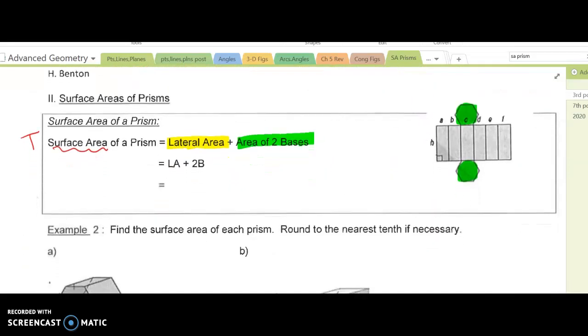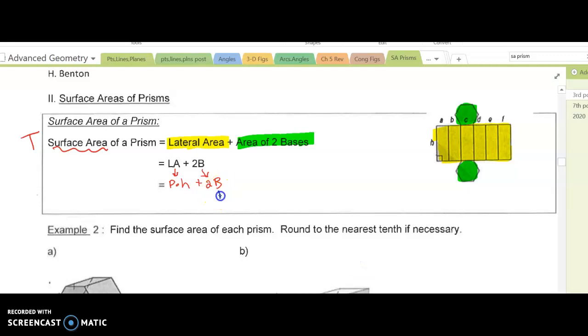All right, so now we're ready for the total surface area we alluded to before. That is lateral area, the area of all the sides, plus the area of the two bases. So the way that we write this now, we know that this is P times H, perimeter of the base times the height, plus, then we're just going to leave this as 2B because our B will be a different shape depending on the kind of prism we have.